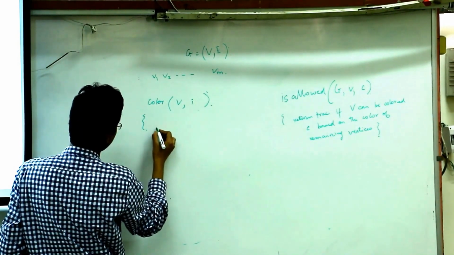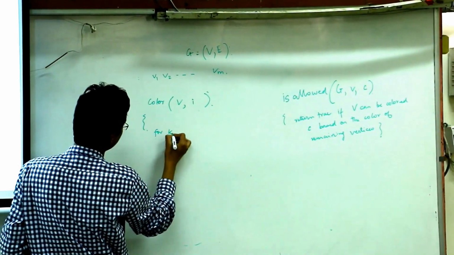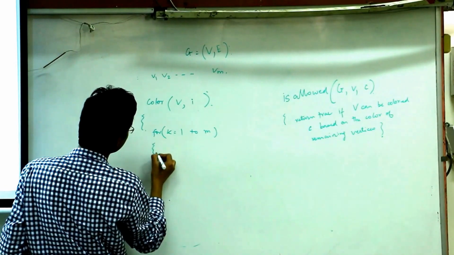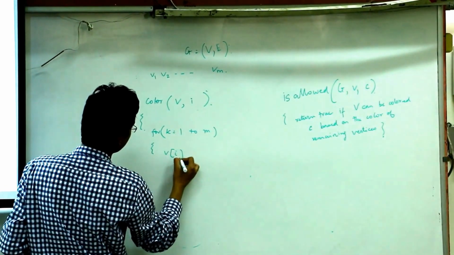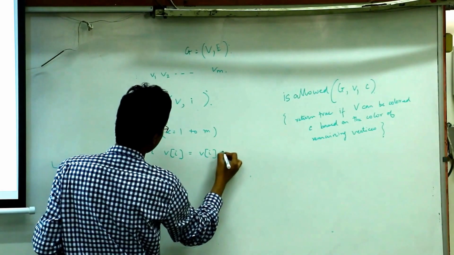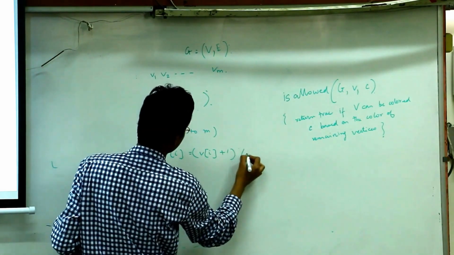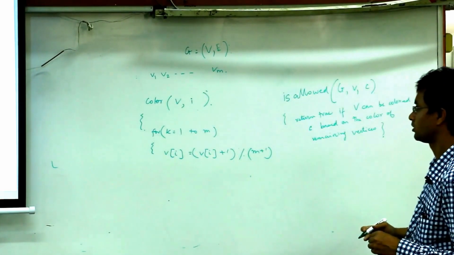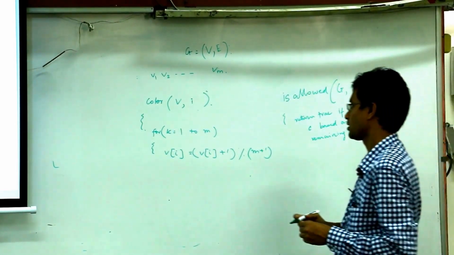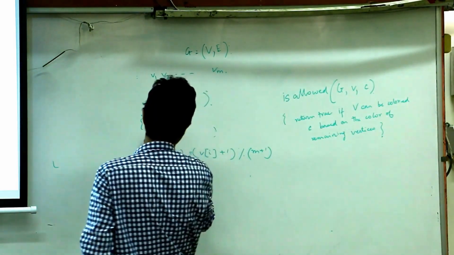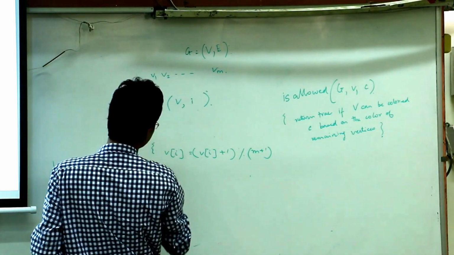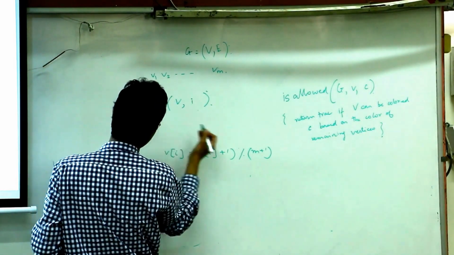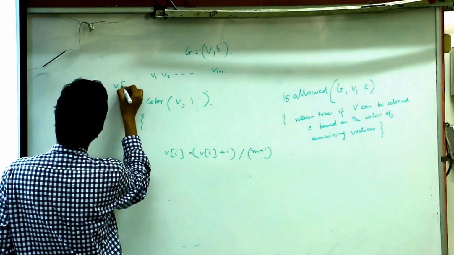So we'll try to give colors. Okay, this is not correct. Let's go from 1 to m, so we'll try to give color 0 and then 1.